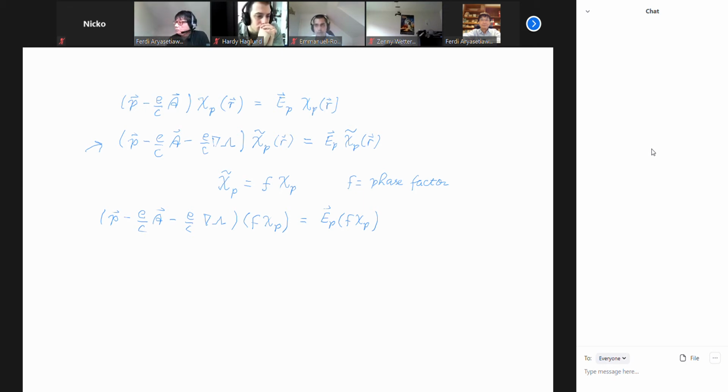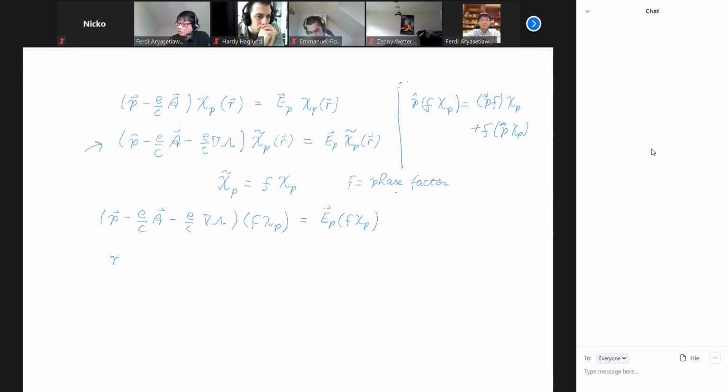So when we operate p on the product of F and chi_p, that would be equal to (gradient F) chi_p plus F (gradient chi_p). So this is the operator, because p is a gradient in the position representation.